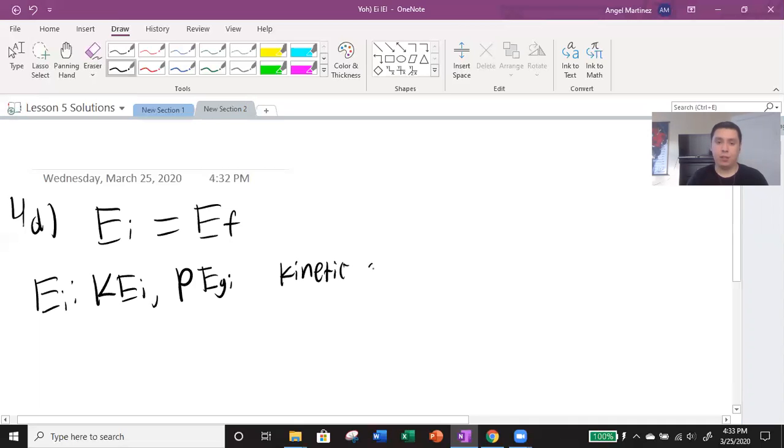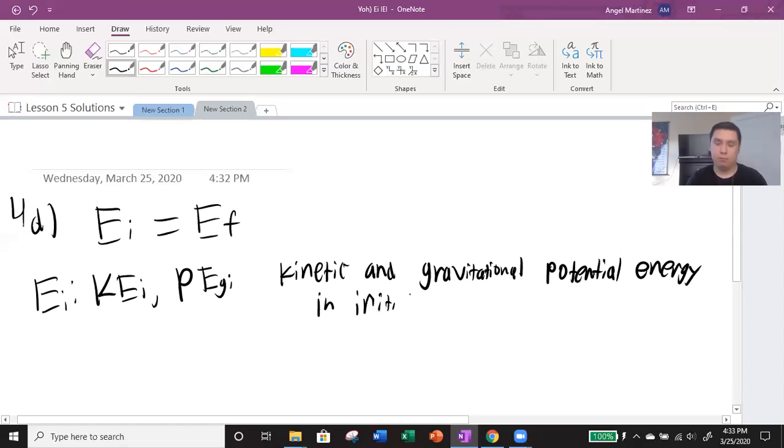Kinetic and gravitational potential, in the initial case.